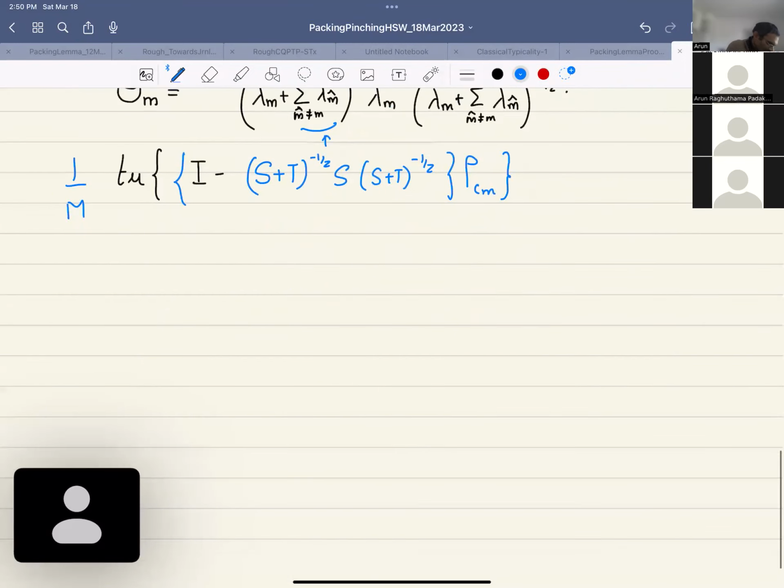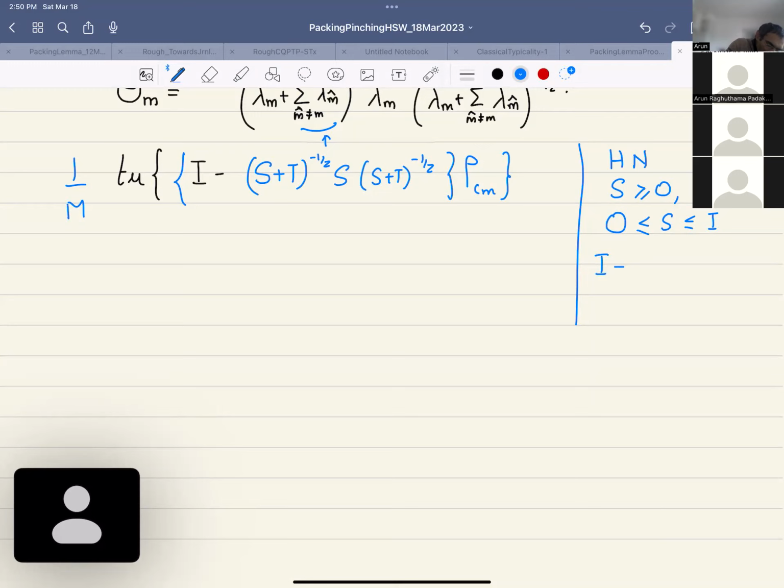And then I applied the Hayashi-Nagaoka. Hayashi-Nagaoka simply says this. If S and T are two positive semi-definite operators, with S being sandwiched between the zero operator and the identity, furthermore, if S is not just positive semi-definite but it is also dominated by I, then I have this beastie term on the left.